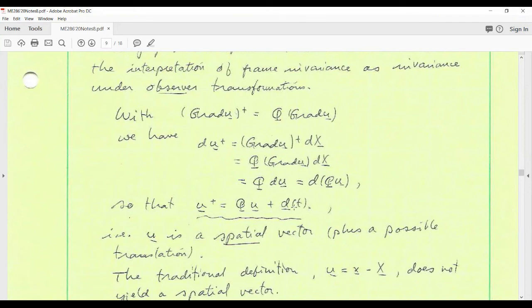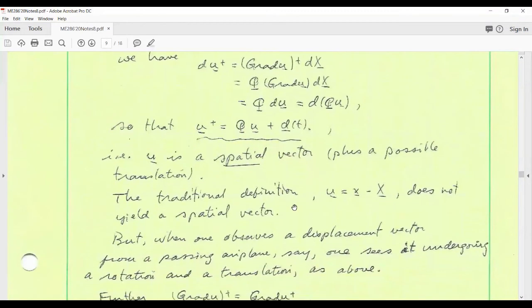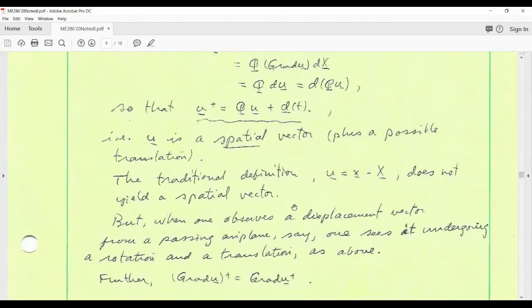This d of t could be a shift, okay? And that's exactly physically how you would think of it. For example, suppose you imagine drawing a displacement vector in a body. Think of a displacement vector as a directed arrow, with a certain length and orientation.